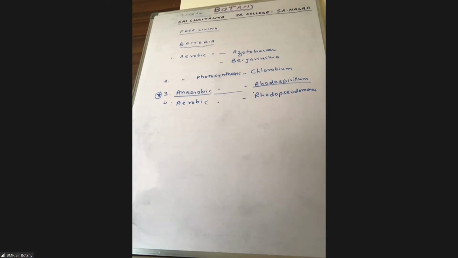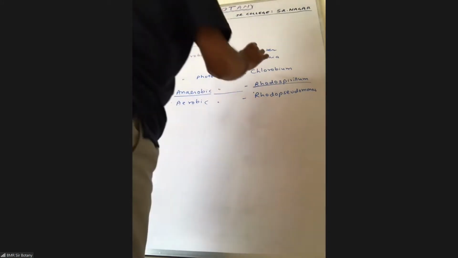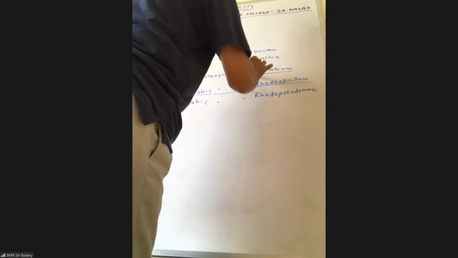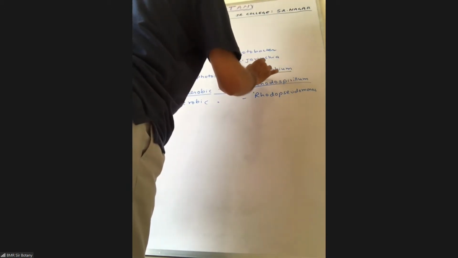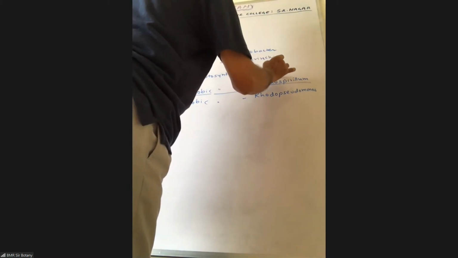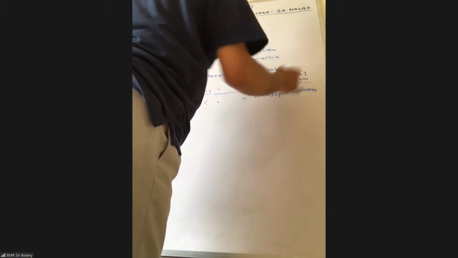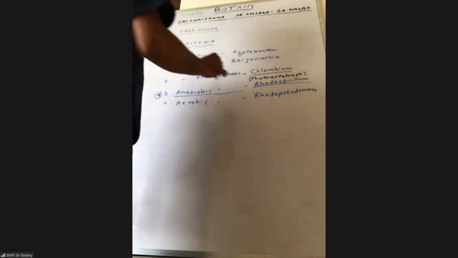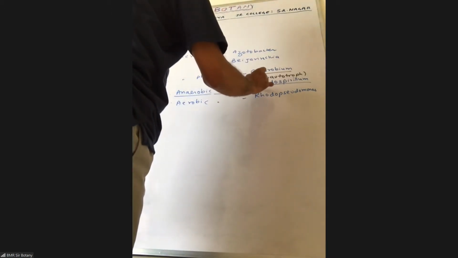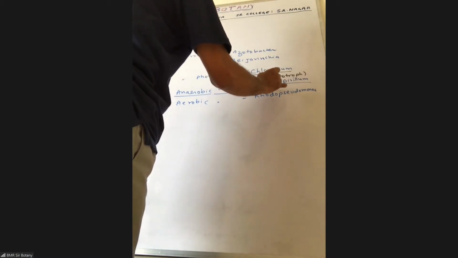Photoautotrophic: Chlorobium, Chromatium, if you remembered. Photoheterotrophic: Rhodospirillum, Rhodopseudomonas. So that's how the order has gone. So that's why it is better to write right here in the brackets: photoautotroph, whereas these two are photoheterotrophs.